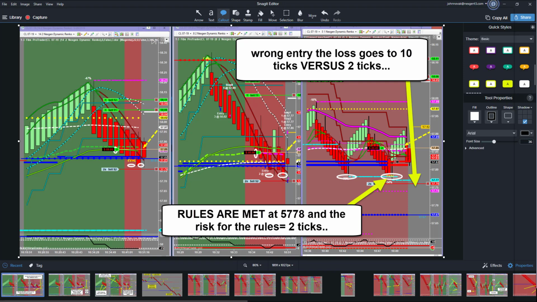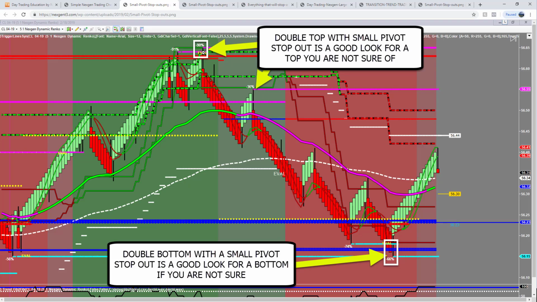When you mess it up, you're going to do the wrong thing and end up losing $100 versus 2 ticks, $20. And then you're going to be like, damn, I'm down $400 trying to go long. The rules also say only do a counter trend trade once. If it doesn't work the first time, it doesn't work the second or third or fourth time.